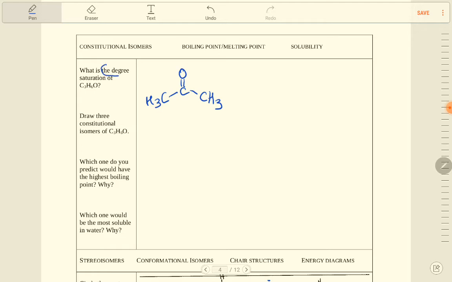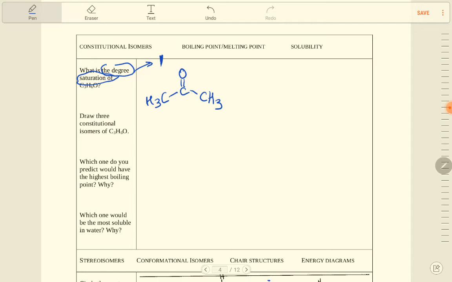The degree of unsaturation is 1 for this compound. So you can see the double bond to oxygen; the compound is either unsaturated with a double bond or has a ring.